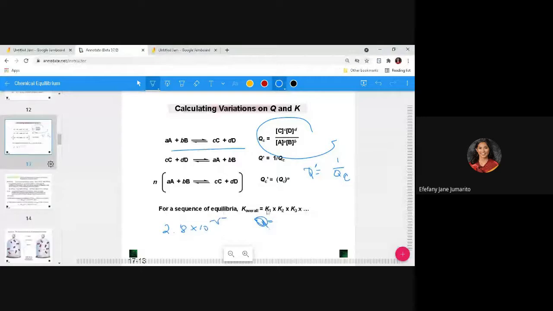Q prime is 1 divided by 2.8, so that is 2.8 times 10 to the negative 5. Okay, no question.